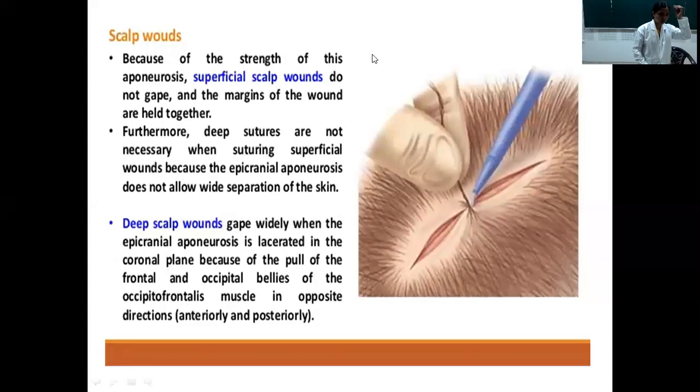You can see a small injury on the scalp doesn't give any gap. But if this epicranial aponeurosis is cut transversely, there is a lot of gap in the scalp wound. So we have to close this. You can see the picture in the PPT. You have to close this gap by means of deep suturing.